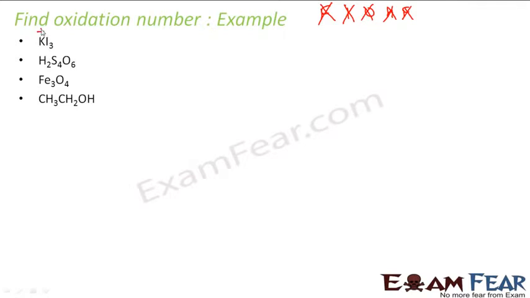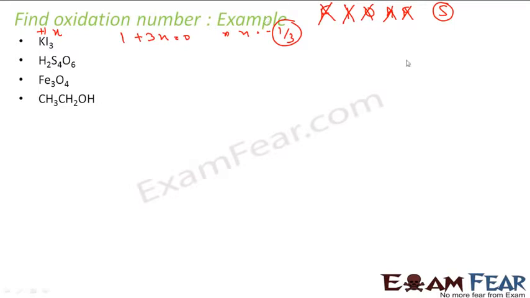There is a group 1 element, so this becomes +1, and let the iodine be x. Then with the sum principle, that the sum of all the oxidation states is 0, we get 1 for potassium and 3x for iodine is equal to 0. x comes out to be -1/3, and you see this is fractional, right?